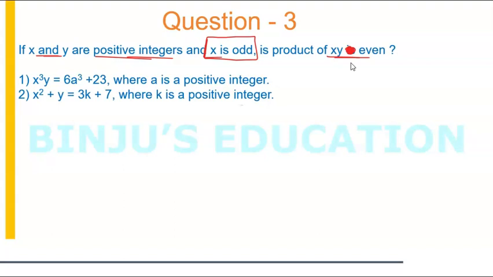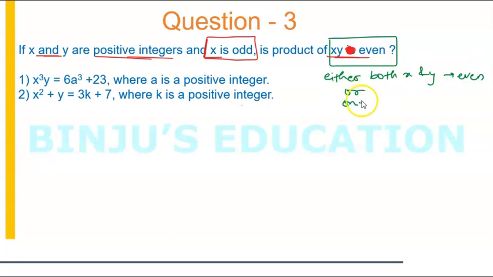Okay, first of all, if I want XY to be even, then either both X and Y are even, which will give me a conclusive answer, or one of them is even, which will also give me a conclusive answer, or both are odd, which will also give me a conclusive answer.